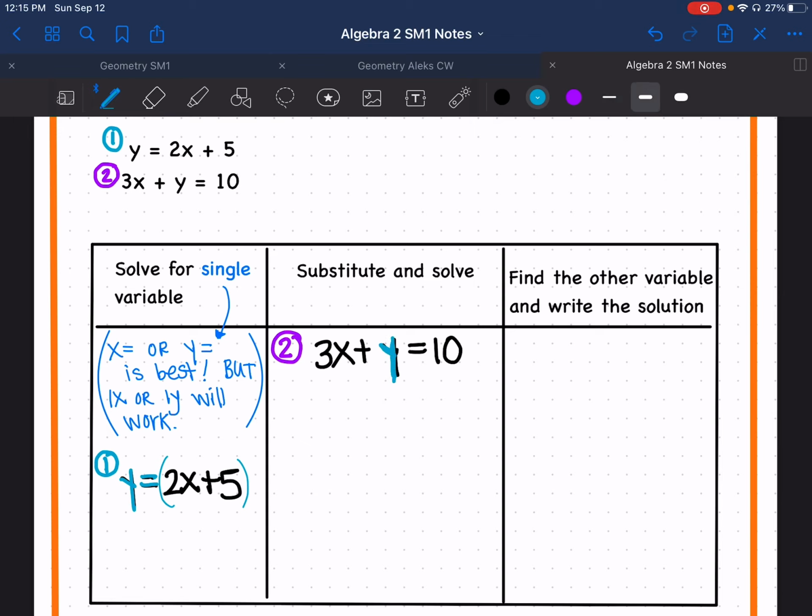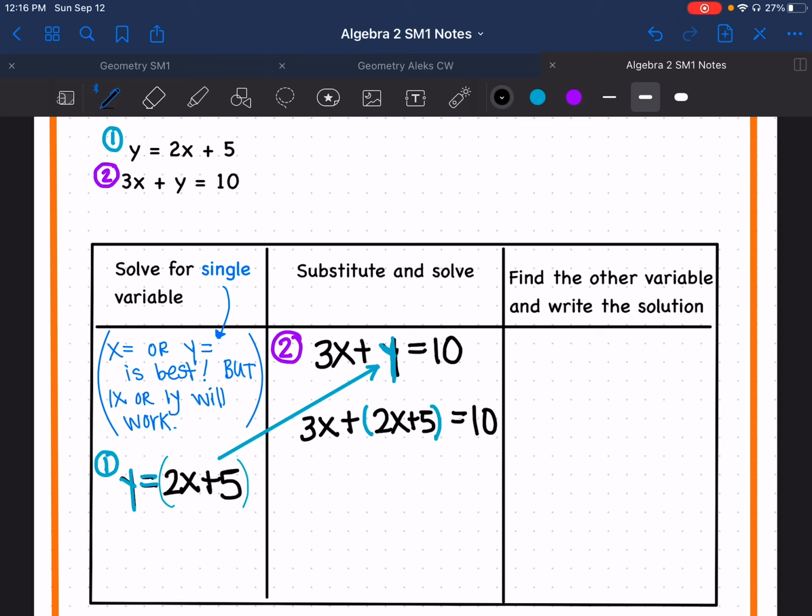So I'm going to say 3x plus, the y is going to open up, equals 10. In the parentheses, I'm going to put 2x plus 5.